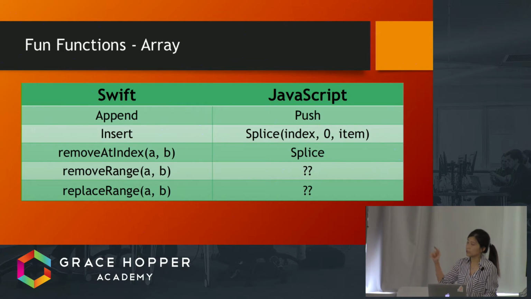Then it will immediately remove the string at that index. There is also a remove range. You give the starting index and the ending index, and that will return the removed string. However, JavaScript needs extra functions and a for loop to get the string removed.